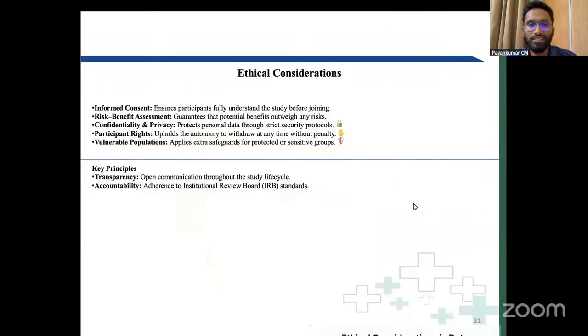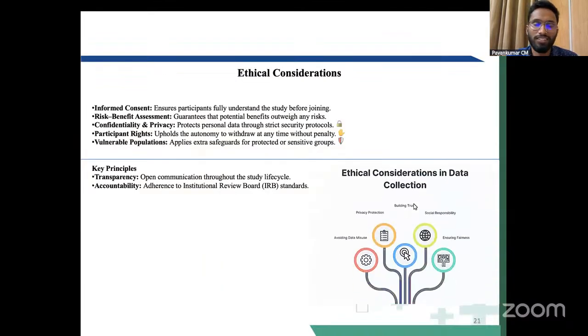And ethical considerations are mainly focused on informed consent. Before we go for informed consent, we have to know how we are going to take it, and there are many in-depth criteria.